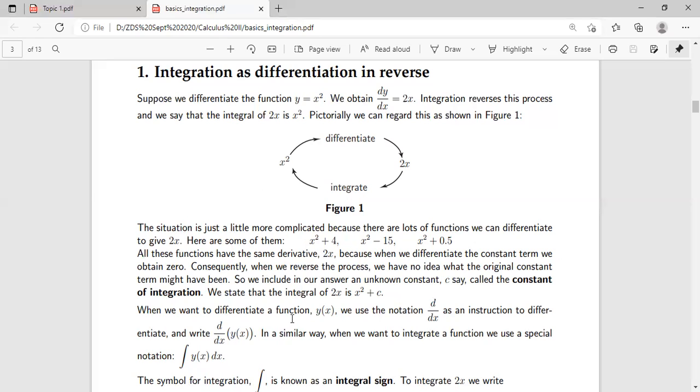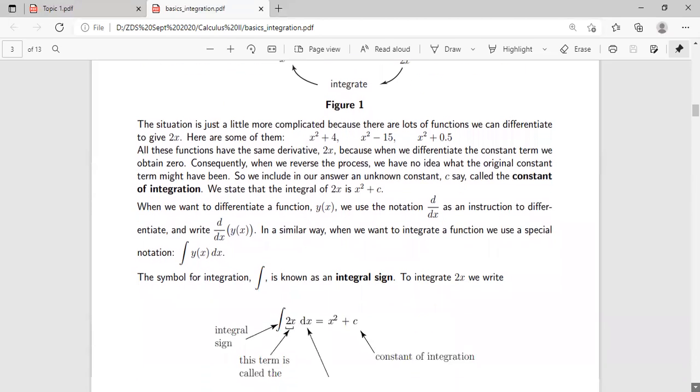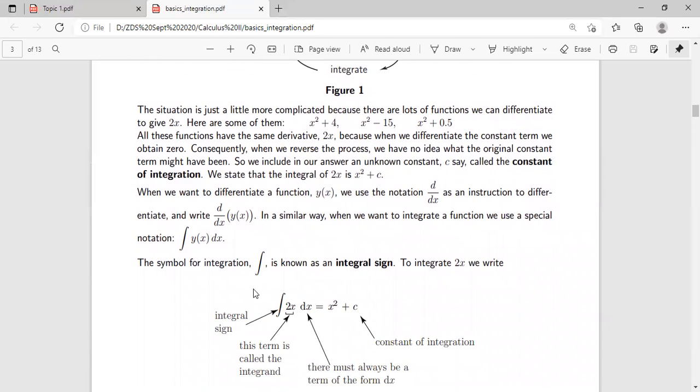When you want to differentiate a function y of x, we use the notation d over dx as an instruction of differentiating. When we come to integration, in a similar way, we use the integral symbol. So this is the integral sign.